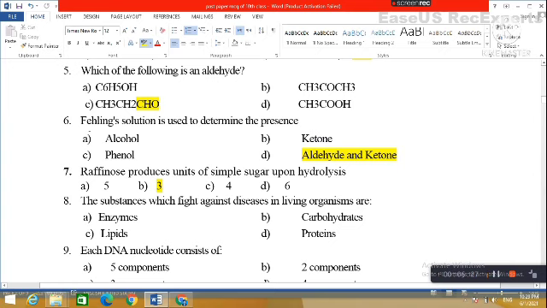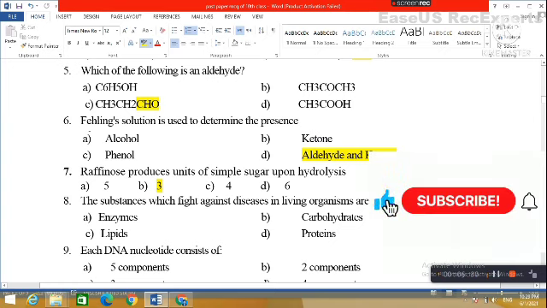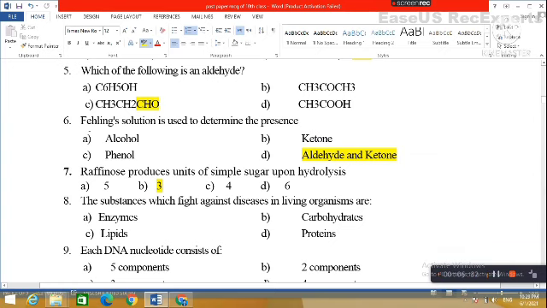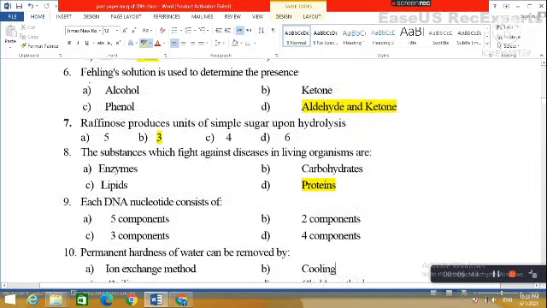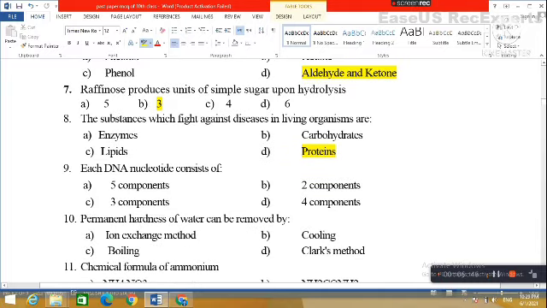The substances which fight against disease in the living organism are enzymes, carbohydrates, lipids and proteins. The right option is proteins, because large protein molecules fight against diseases in the living organism. Next, each DNA nucleotide consists of, basically DNA is a hereditary material comprised of nucleotides, and each nucleotide consists of 3 basic components.